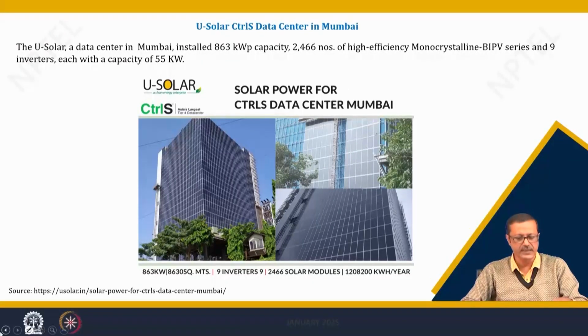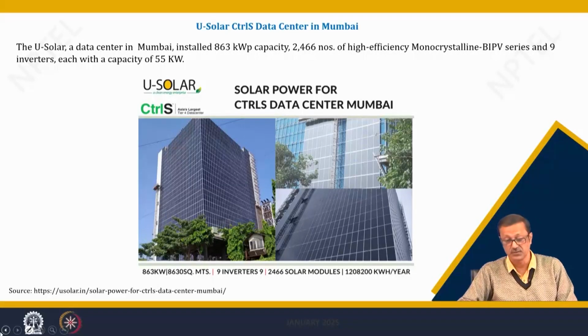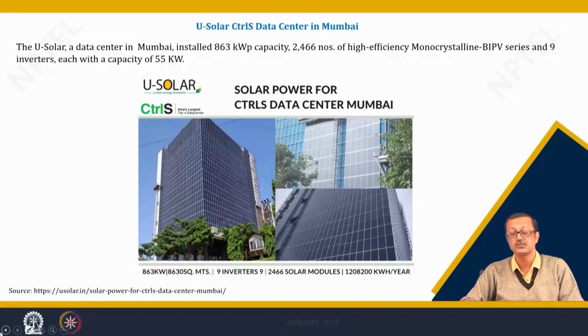There is some mechanism placed there, a kind of movable vertical girder, provided to clean those surfaces. It has a huge 1208200 kilowatt hour per year generation capacity, which is quite a significant amount of electricity generated in this building.